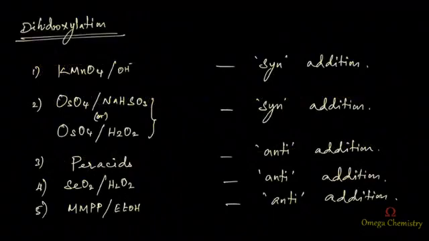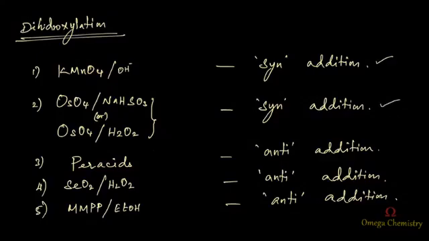During dihydroxylation, I can use potassium permanganate in the presence of cold dilute alkali solution, and it will always cause syn addition. And when we take osmium tetroxide in any form, in the presence of sodium hydrogen sulfate or hydrogen peroxide, whatever, it will again cause syn addition only.